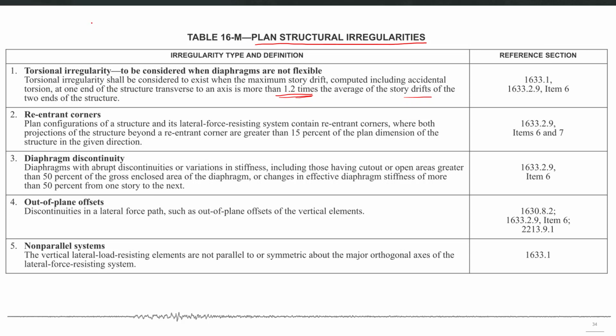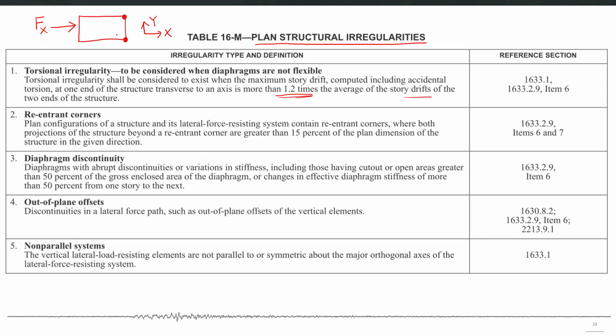According to this check, for example, if you have this structure here with a rectangular plan, you have this x-axis and this y-axis. If you carry out the analysis in the x direction against, let's say, these forces Fx, then you have to check the lateral story drifts at both of these ends and pick the maximum number.